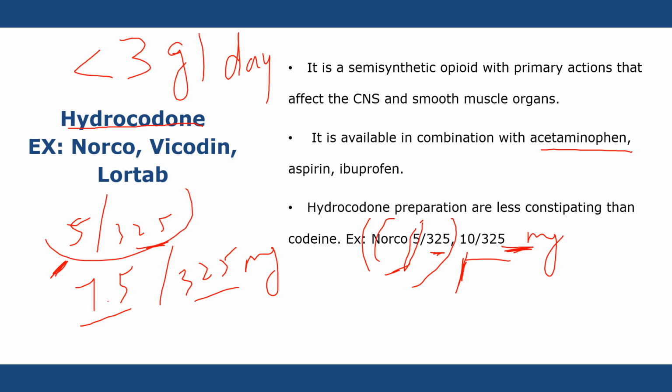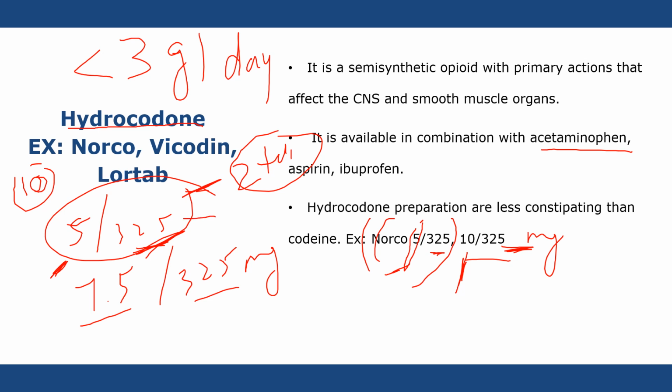And another thing is, if the patient is taking, let's say, 5-325 and taking 2 tabs, that means they're taking 10 milligrams of hydrocodone, but instead of 325, they're taking 650 milligrams of acetaminophen.